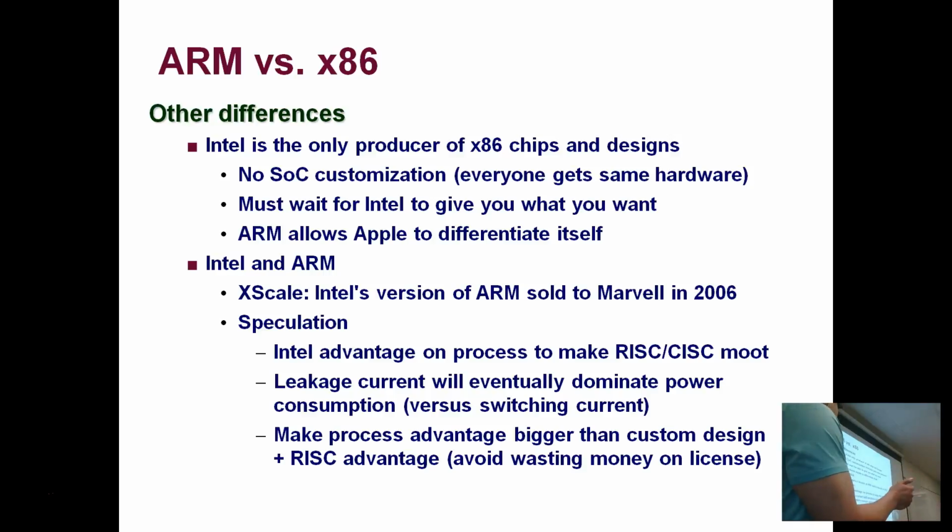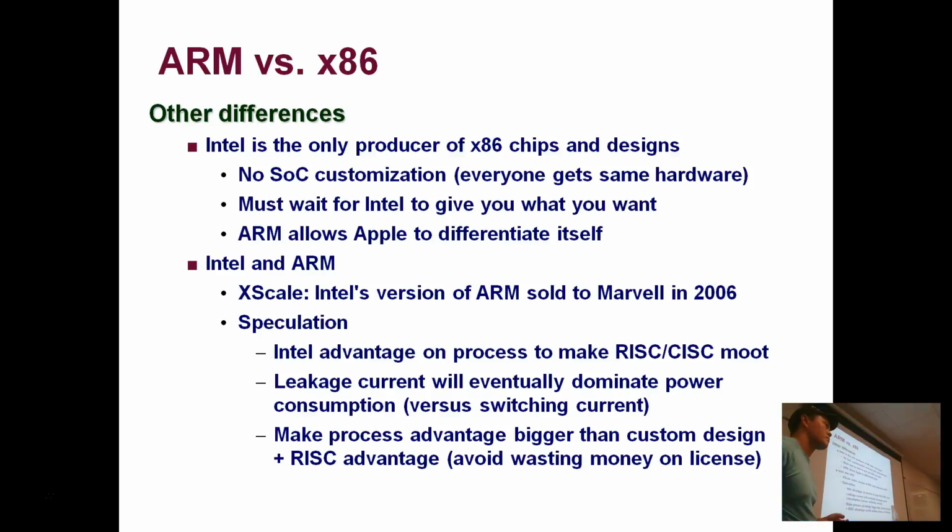The other thing was they believed that leakage current, which goes hand in hand with the area of your chip, would become the dominant factor if you shrink it enough, versus the switching current for actually turning transistors on and off. So it is believed that was the strategy at the time as a motivation.